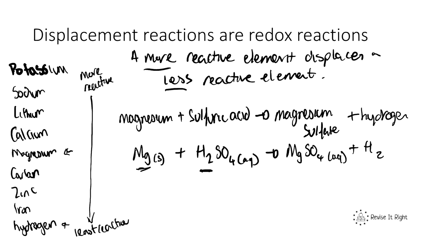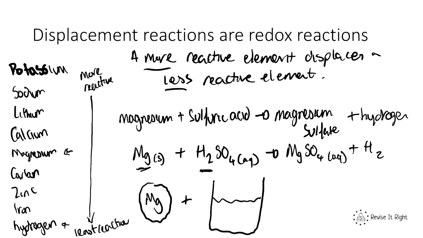So if we look at that in terms of what's actually going on, we've got magnesium here, plus our beaker, which is going to contain our sulfuric acid. So we've got the SO4 2- ions and the 2 H+ ions.